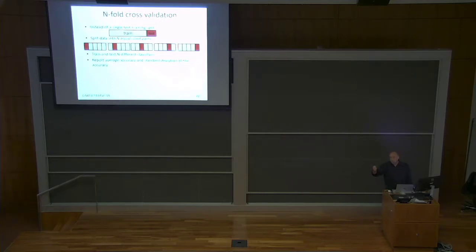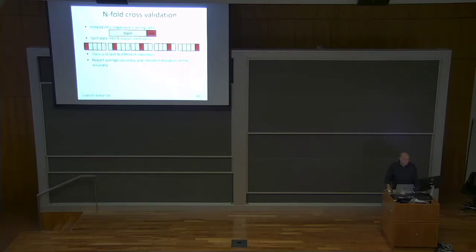In principle, if I have m points, I'm training on m minus 1 points, testing on the remaining one, and I can do this m times, and then average. This is called leave-one-out in the literature. We're not going to do this. We're just going to do 5-fold cross-validation, which is what I show here, which is considered a relatively robust statistic.